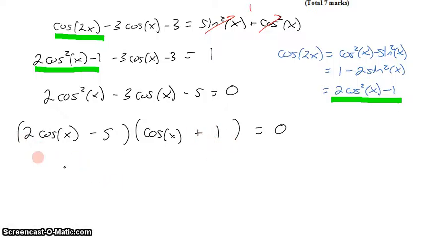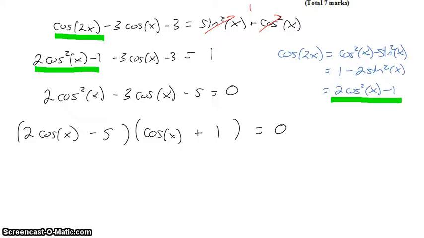So let's double check. Let's see what we got. 2 times 1 is 2 cosine squared. Negative 5 times 1 is negative 5. 1 times 2 is 2. Negative 5 times 1 is negative 5. Negative 5 plus 2 is negative 3. I think this factorizes correctly.